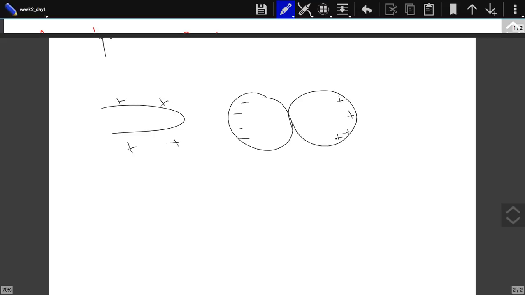This is neutral, charge 0. This has charge, let's say, minus 1. This has charge plus 1. This has charge 0. So even in circumstances where you create electrons, charged objects, the charge is still conserved. So you have to conserve the charge.